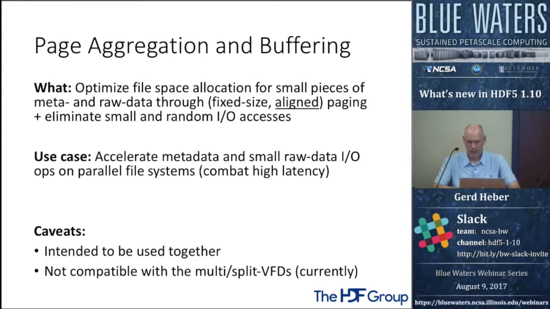And what we did in the HDF5 library is that we took that concept and implemented it at the library level, where when you create a file, you can say, well, I would like to do certain types of metadata or raw I/O in fixed size chunks. And I shouldn't use the term chunks here, I should use the term pages, because chunks are another HDF concept which has nothing to do with this here. But pages, let me call them pages, that's actually the right term here.